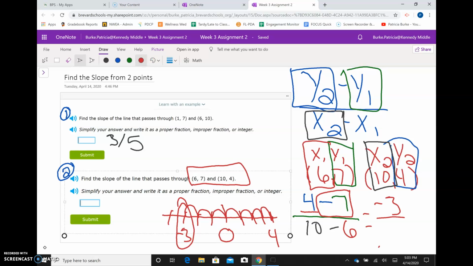And then you have 10 minus 6, which is 4. Well, look, we have -3/4 again. So we got the exact same answer.